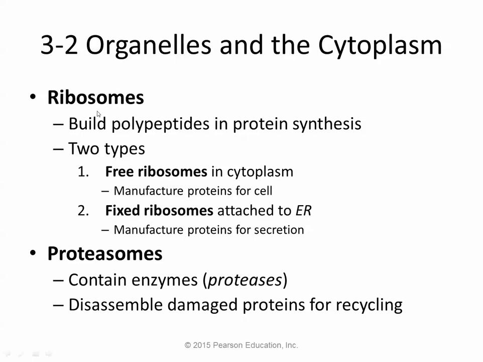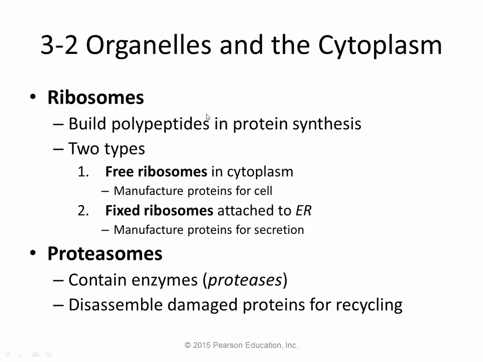What happens at a ribosome, and we'll look at this in a lot more detail in the next section, is that it is receiving amino acids and linking them together to form very specific proteins. The way it knows how to do this is that the ribosomes receive messages from the DNA in the nucleus of the cell. The DNA has all of the instructions on how to make protein.